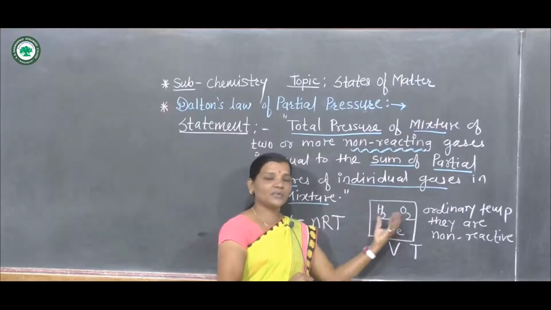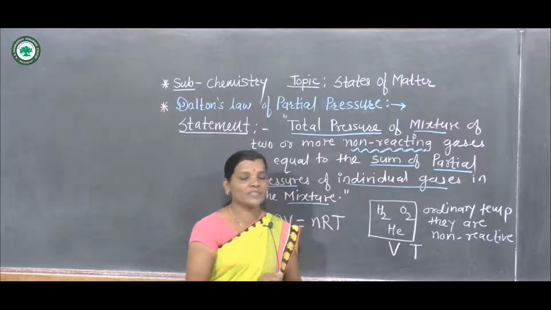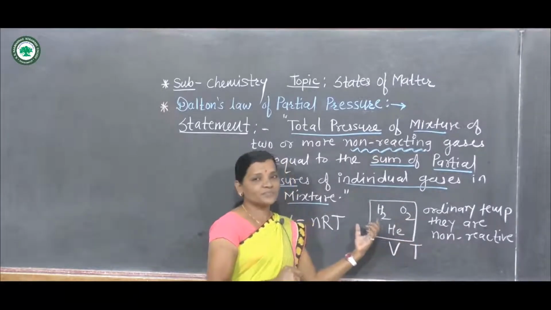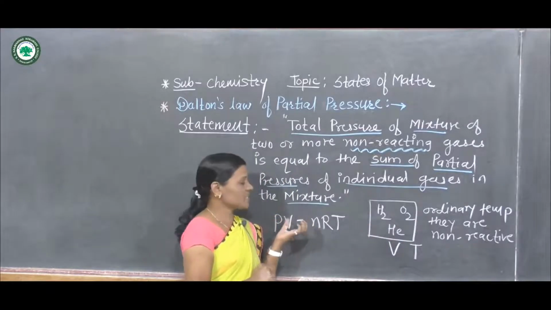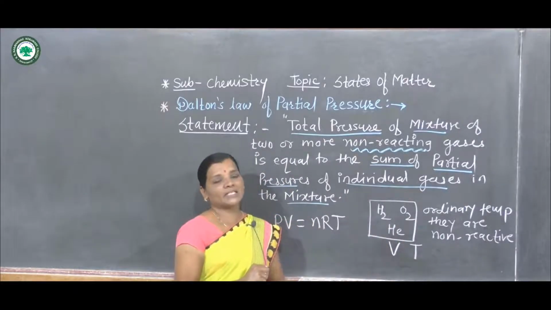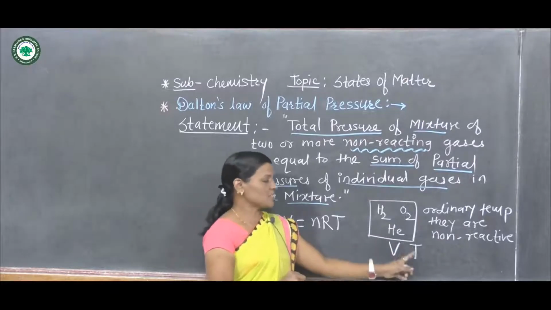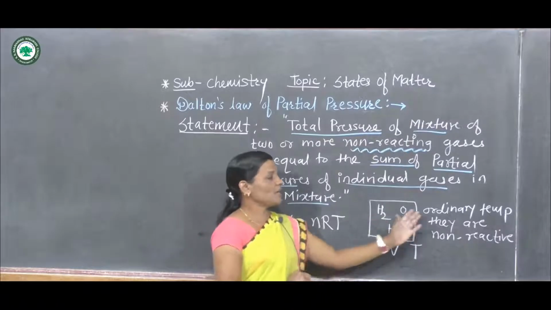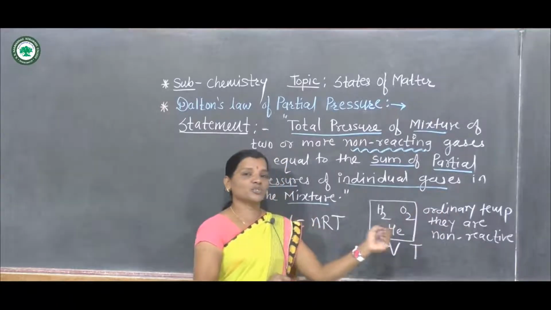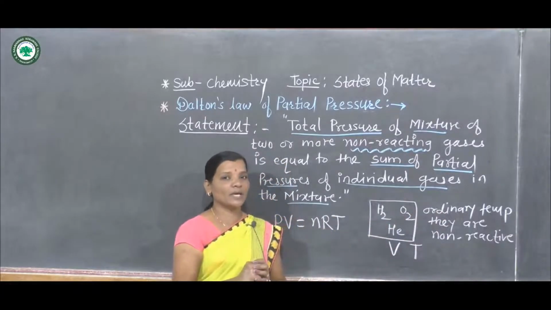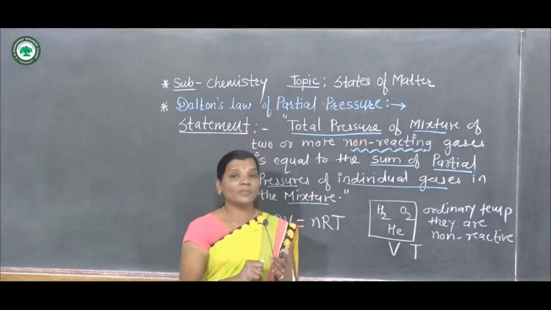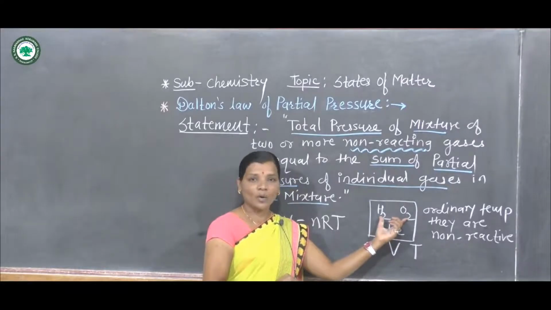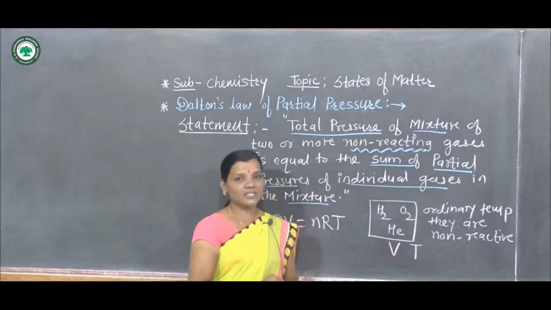That means we have to consider the same volume in the ideal gas equation for every gas in the container at a specific temperature T. Because at ordinary temperature H2 and O2 are non-reactive, but when the temperature is increased, a reaction is possible between H2 and O2. So ordinary temperature is important.